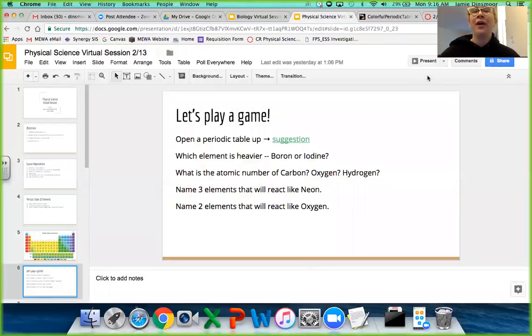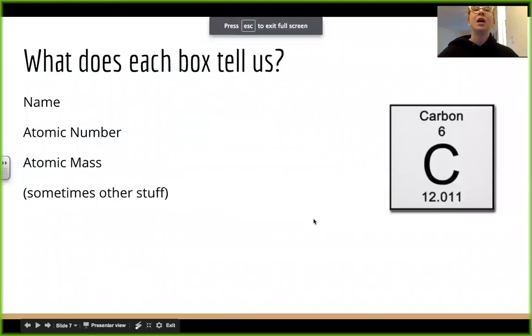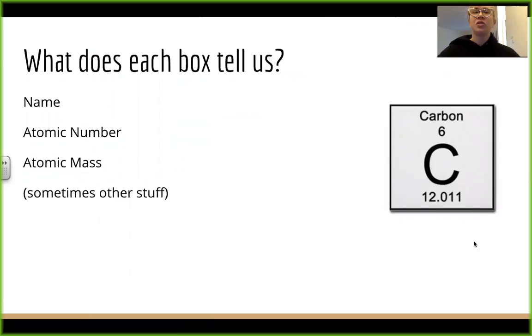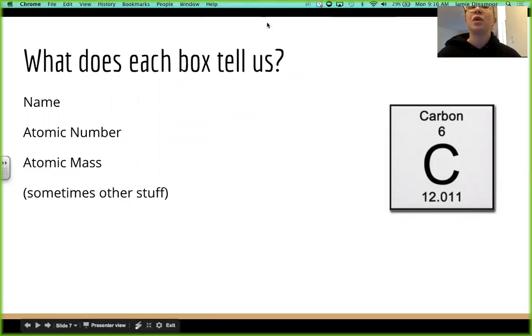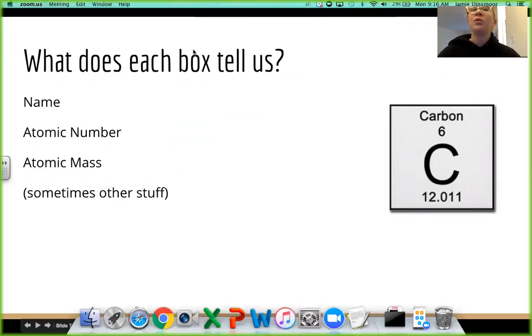All right, so that was a good little review of looking at the periodic table, where stuff's at. We're going to review even further here, just what all these things are. Most of us already figured this out to some extent doing this activity. But obviously we have the name of our element.